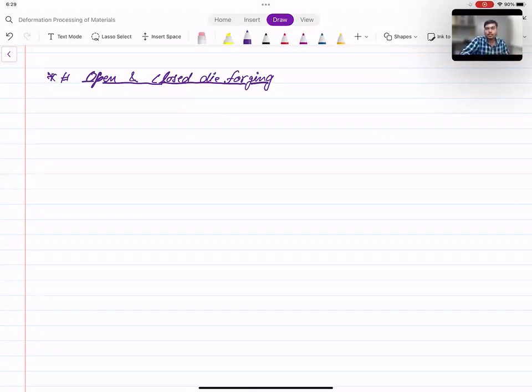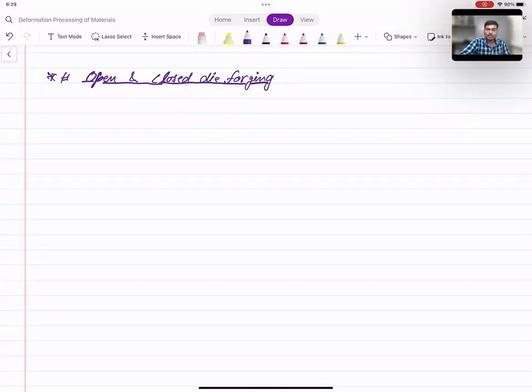Very close dimensions are not possible here. We cannot reach accurate dimensions in open die forging, because material may flow to a larger or lower extent. It forms close to the final desired shape, but it is difficult to achieve the final dimensions.